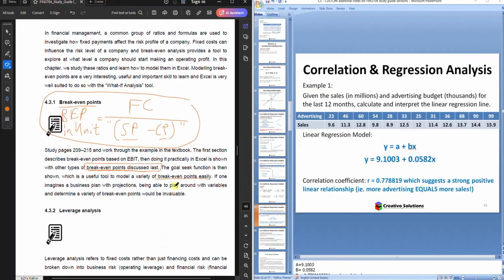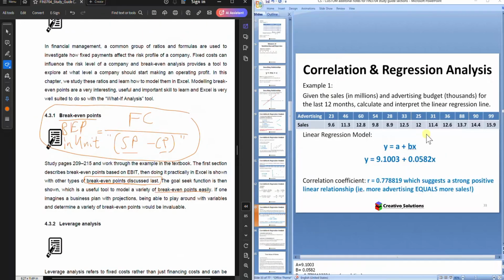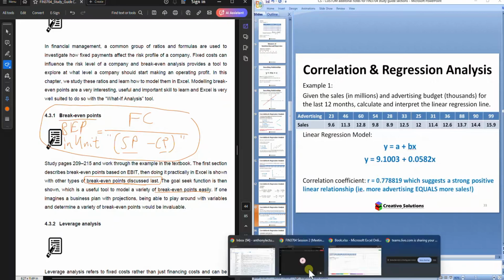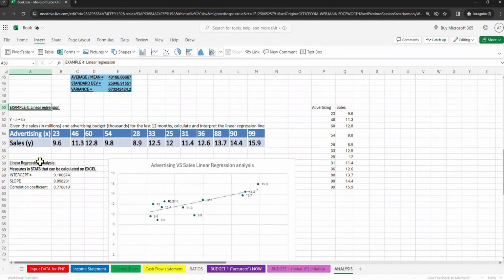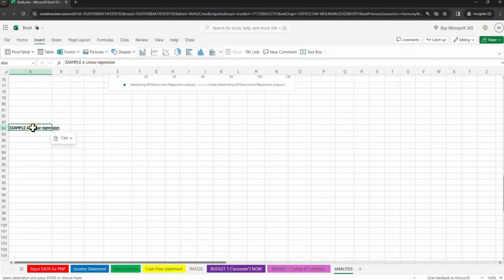Okay, so maybe let me show it to you graphically. Break-even points. Total revenue, total cost.